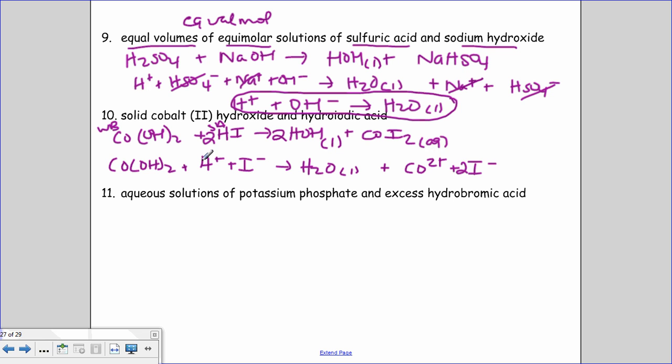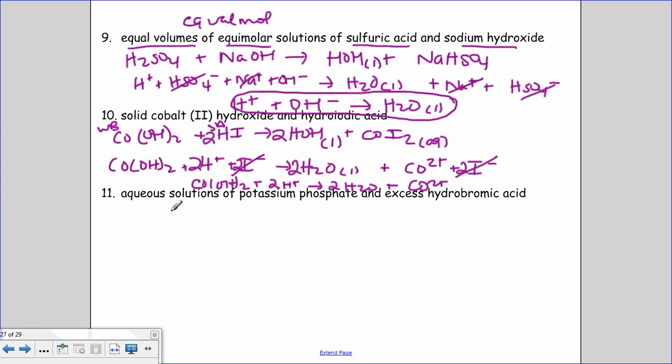Okay, so let's carry these 2's down where I forgot. Here we go. 2, 2, 2. The reason I saw that is because I saw there were 2 iodines here, and I knew I needed to cancel them, so you can usually check your balancing with the NIE as well, and everything else stays. So our final answer would be Co(OH)2 plus 2 hydrogen ions yield 2 waters plus cobalt 2 plus ion.